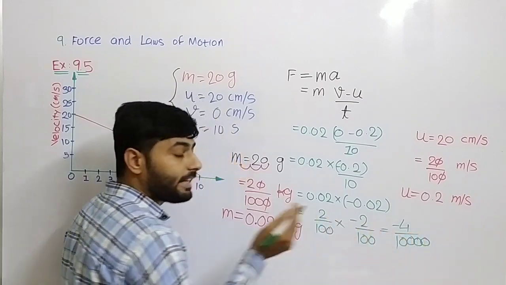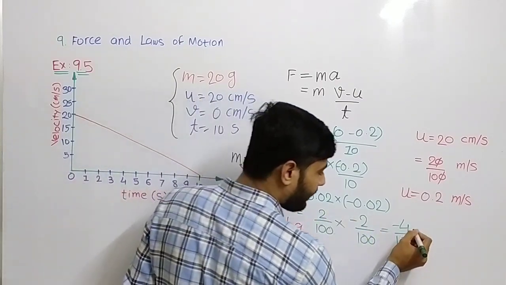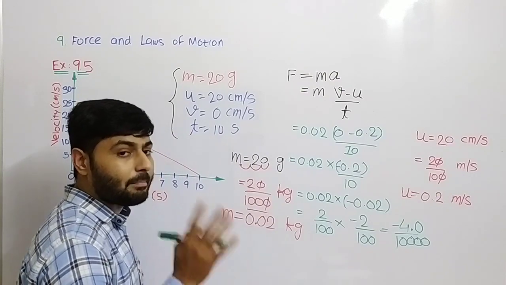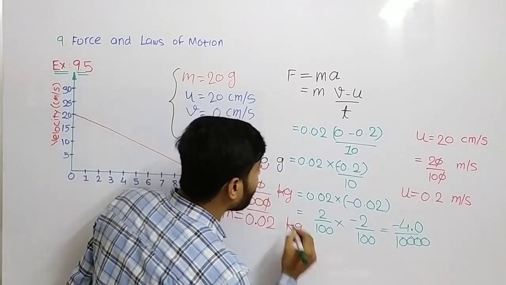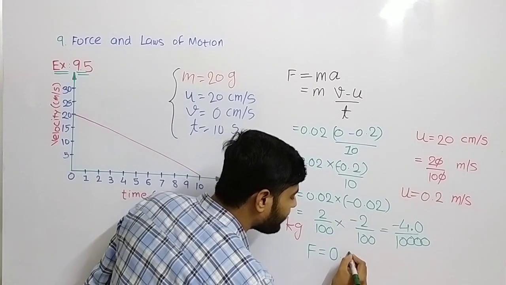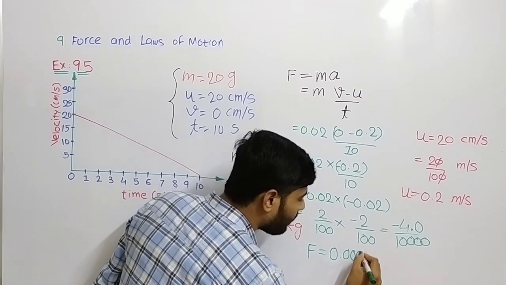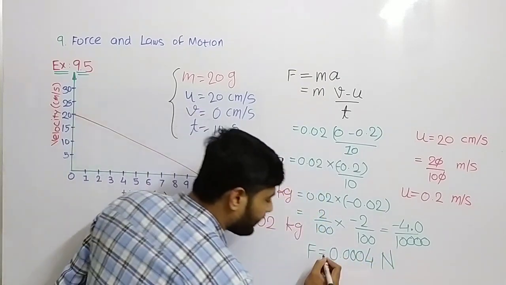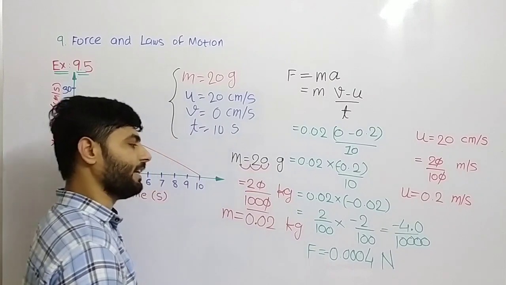So shift this decimal point left side by 4 place. So I have force is equal to 0.0004 Newton with this minus sign here.